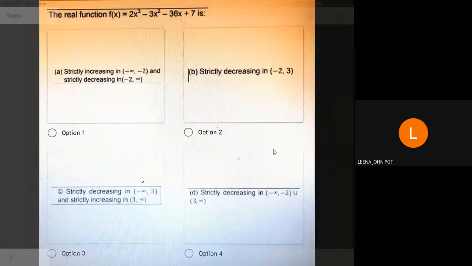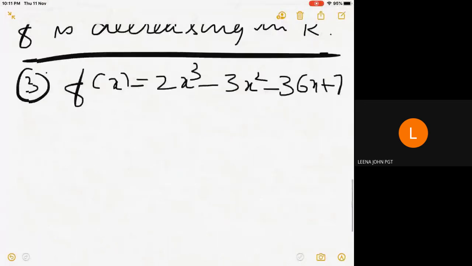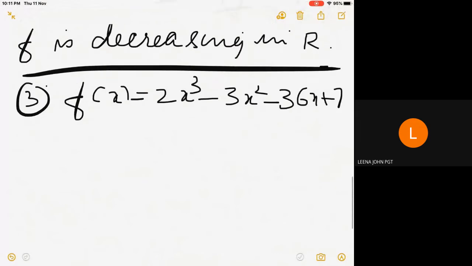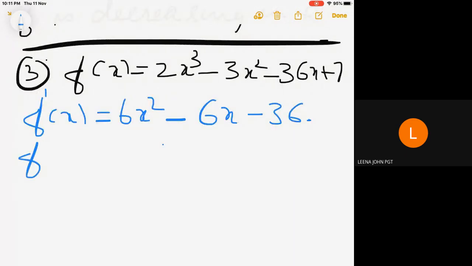So what you need to do? You have to find f dash x, and the domain has to be divided into many intervals. So first of all, find f dash x. F dash x equals 6x square minus 6x minus 36, and you can also make it into factors.